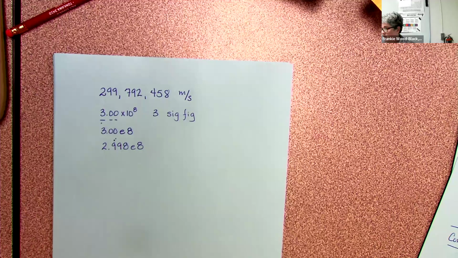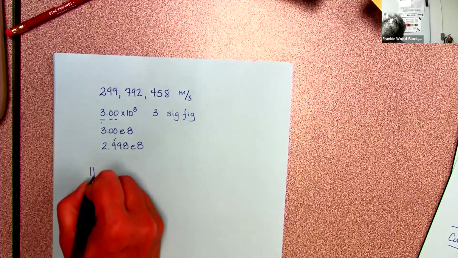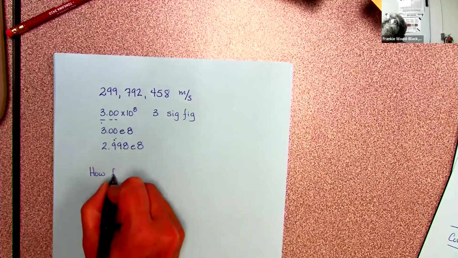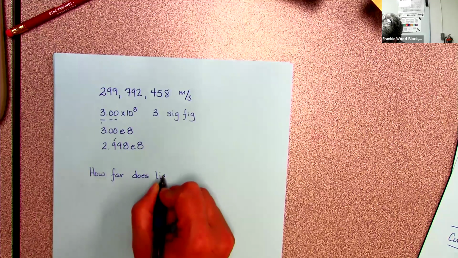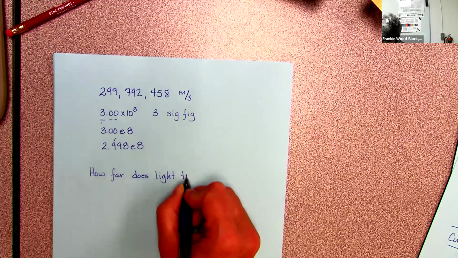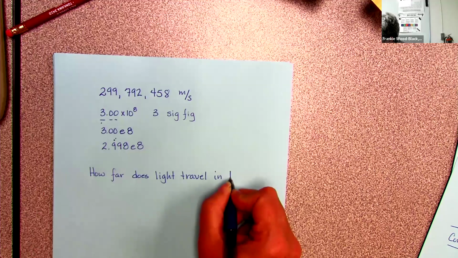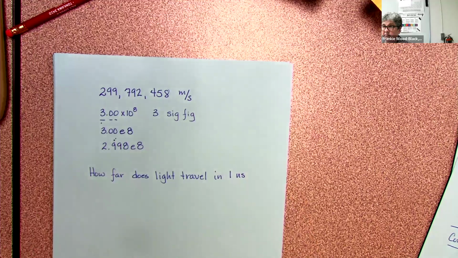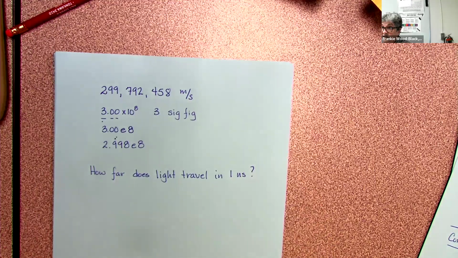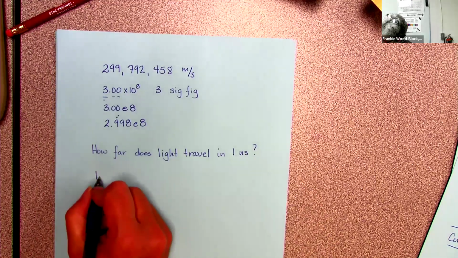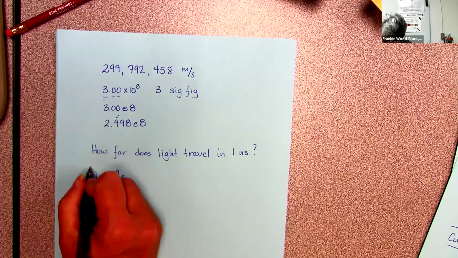But this is also a fun thing. We're going to ask ourselves a question: how far does light travel in 1 nanosecond? 1 nanosecond, that's 1 times 10 to the minus 9 seconds.